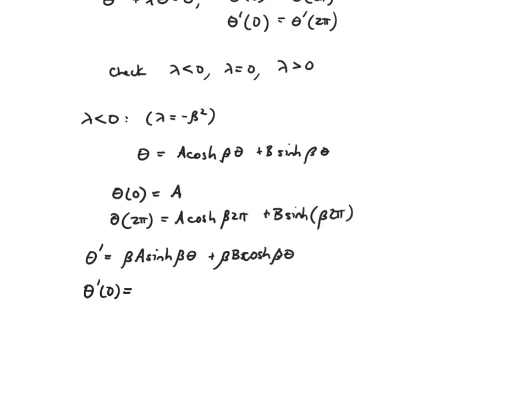The sinh goes away and the cosh goes to 1, so you get a beta B. Theta prime of 2 pi is equal to beta A sinh 2 pi beta plus beta B cosh 2 pi beta.